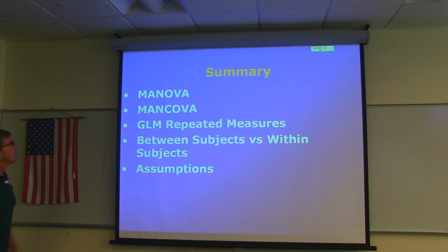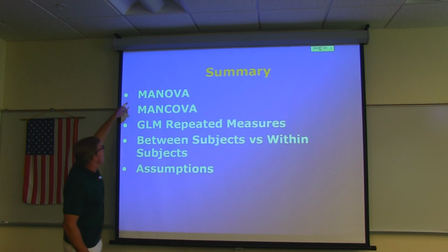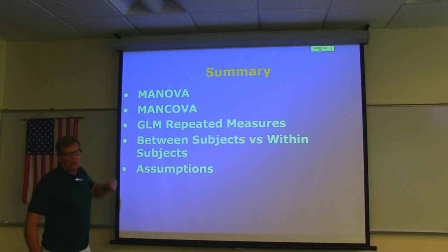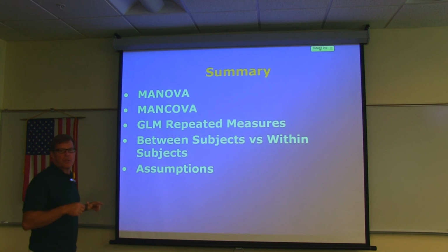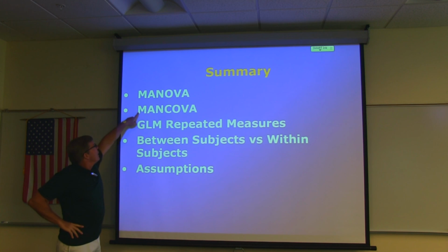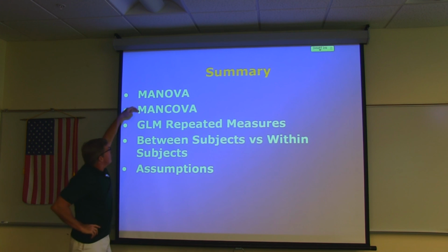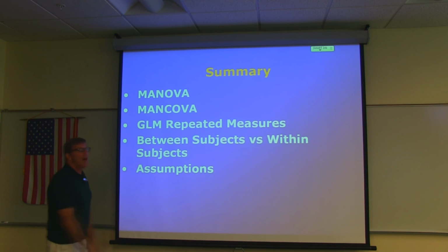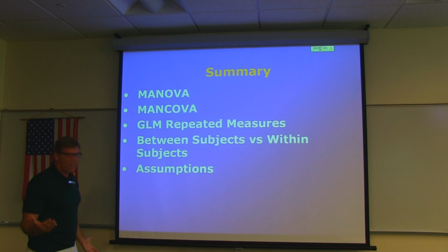Let's summarize. We talked about multivariate analysis of variance, looking for significant differences across 2 or more independent groups on 2 or more dependent variables. And then the MANCOVA, which is identical to this, except we factor out the effects of some third variable, some covariate, some potential confounding variable.